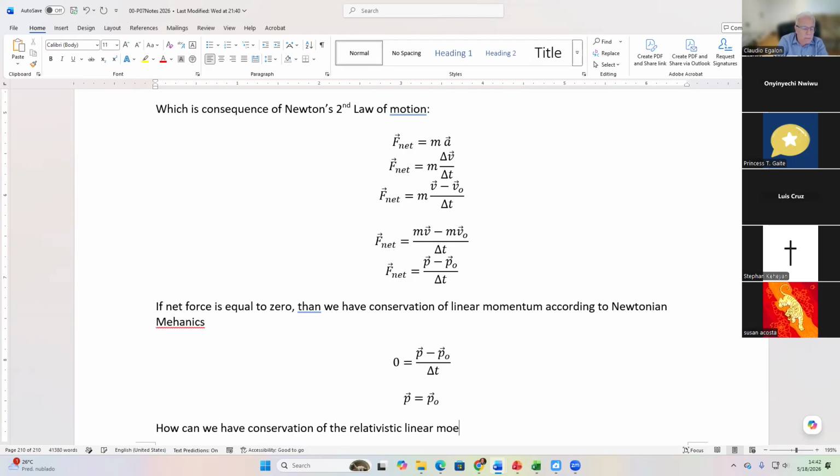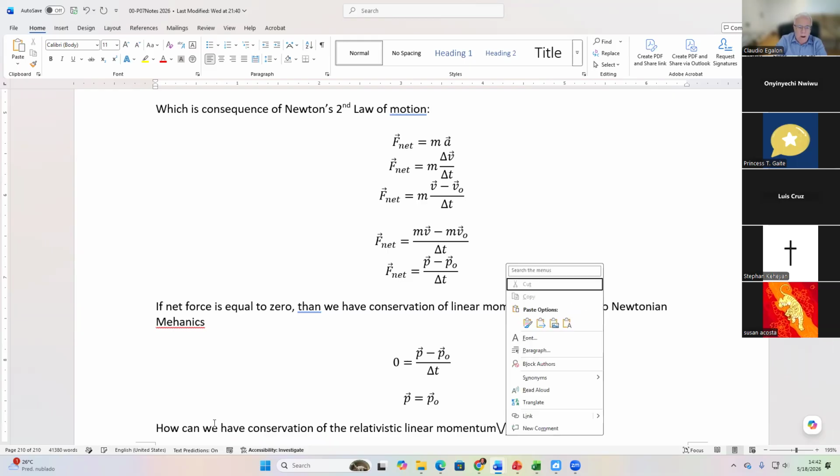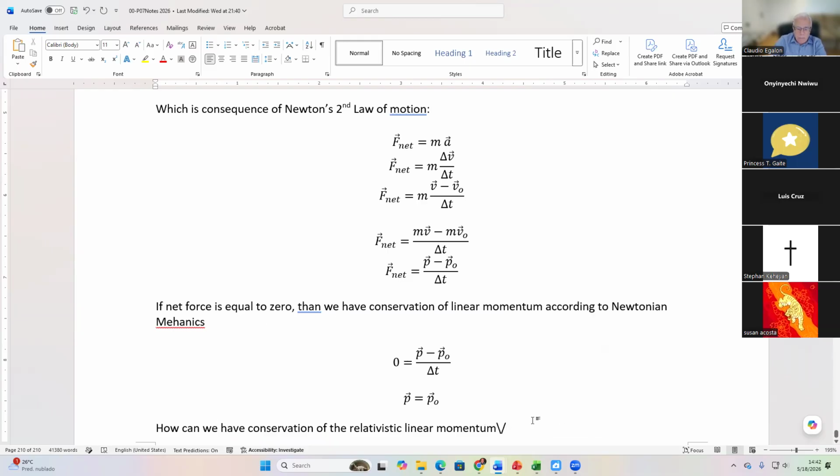How can we have conservation of linear momentum in relativity?